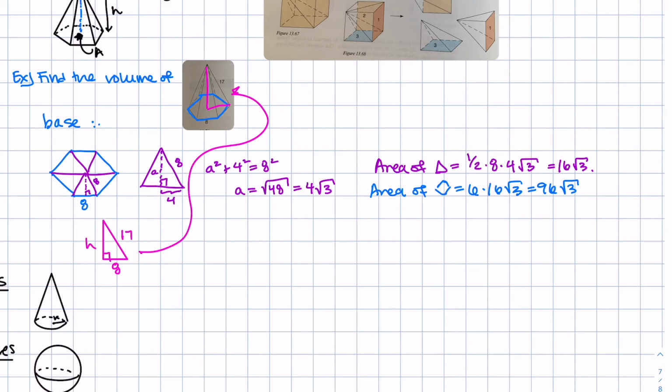And so again, using the Pythagorean theorem, we get h squared plus 8 squared is equal to 17 squared. And again, just squaring these values and solving for h, we get the square root of 225. So that should be 15.